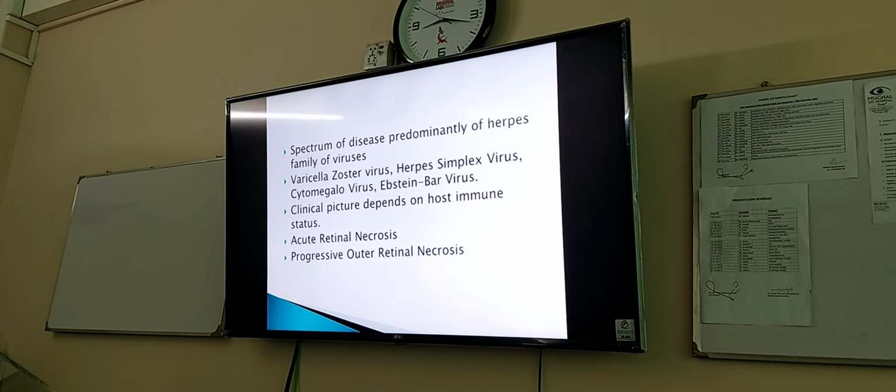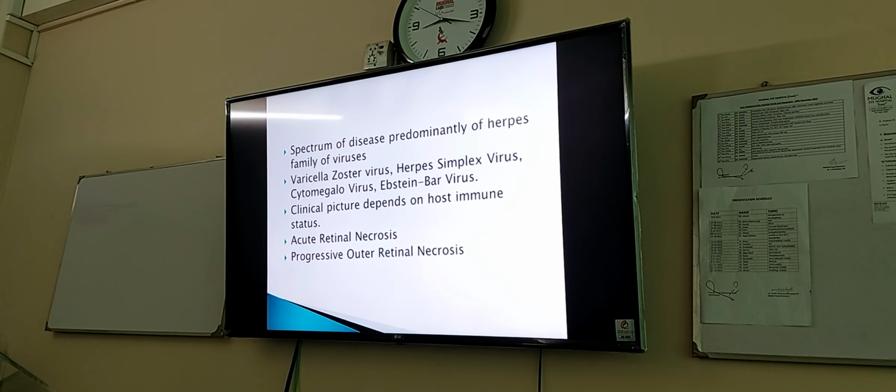The rise of intraocular pressure can occur in any uveitis, but especially in herpes, because it can lead to trabeculitis, inflammation of the trabeculum. This is one way in which intraocular pressure can be raised.